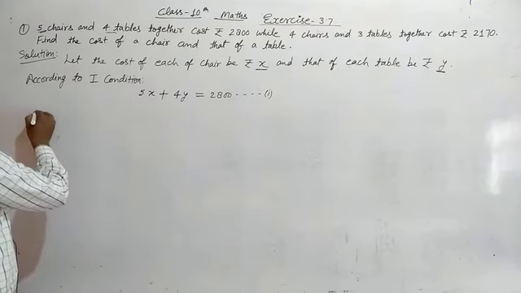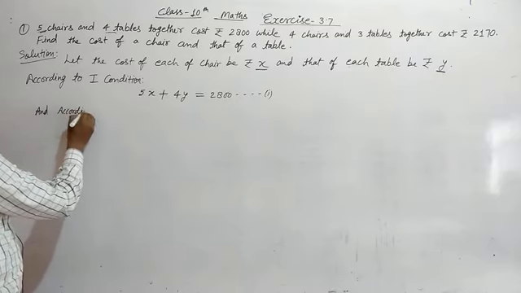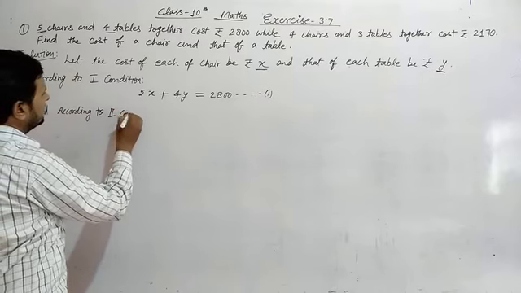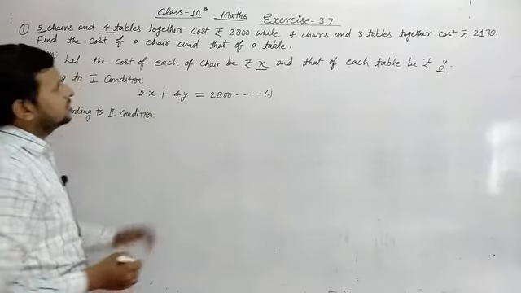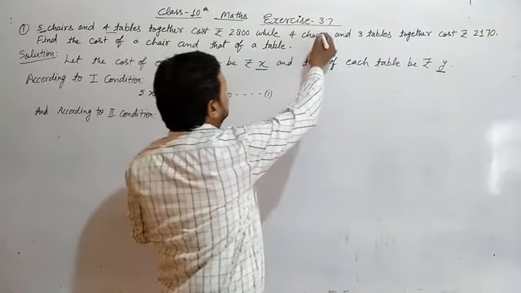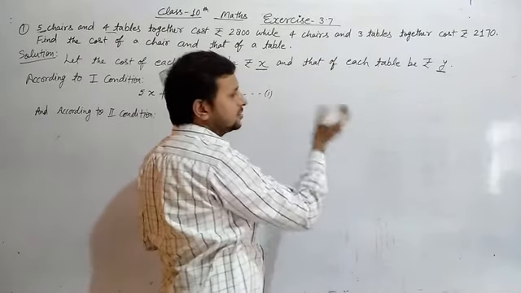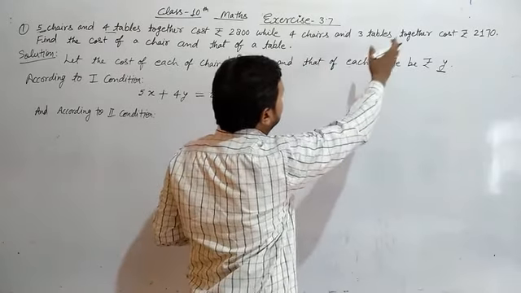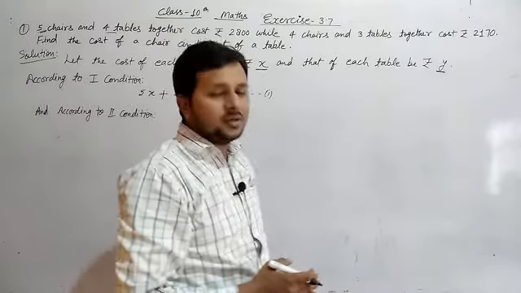See again, according to the second condition. What is the second condition in the question? The cost of 4 chairs and 3 tables together is rupees 2170.